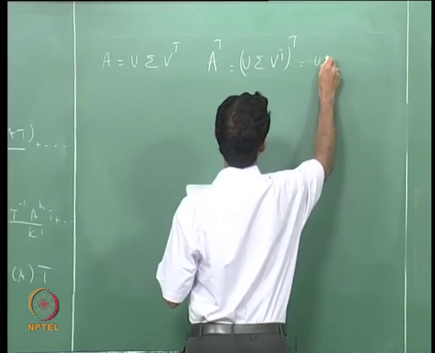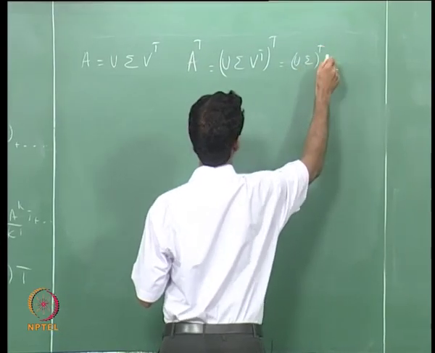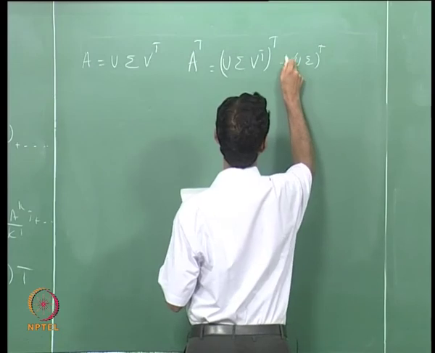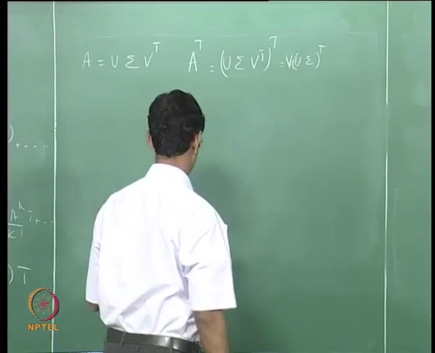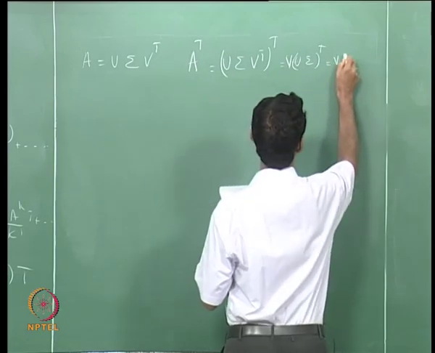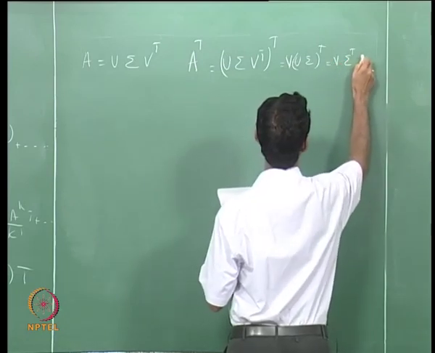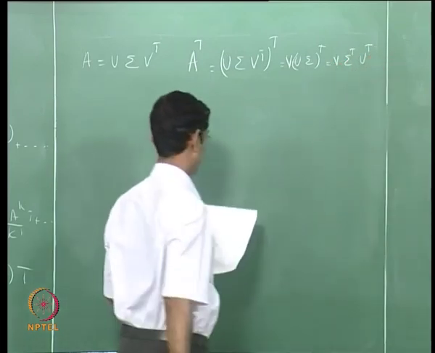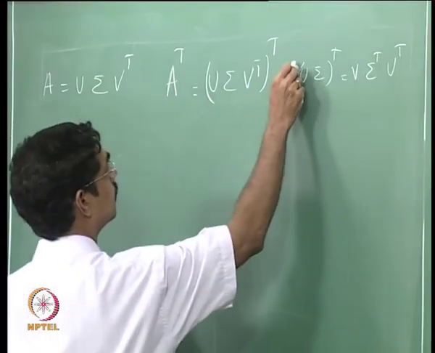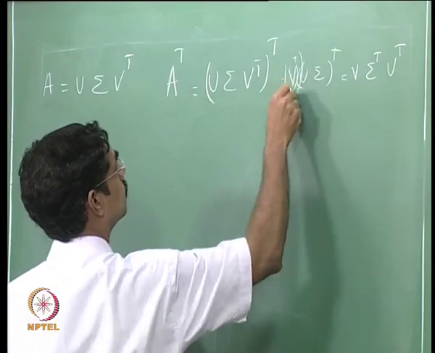This would be U sigma transpose, no, V transpose transpose, which is V times U sigma transpose. This is equal to V sigma transpose U transpose. Is that right? I should probably write transpose.